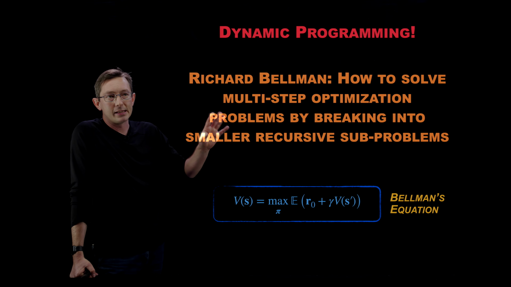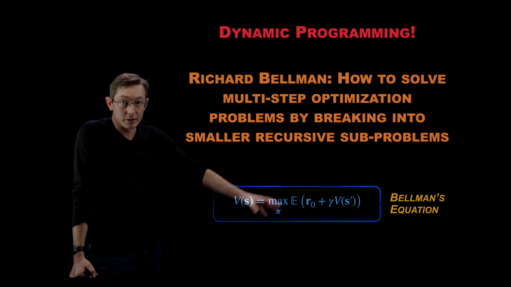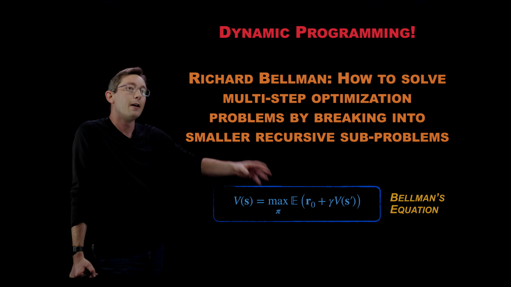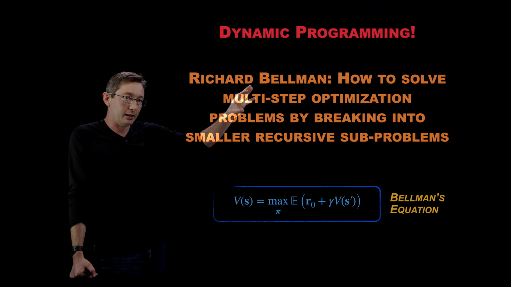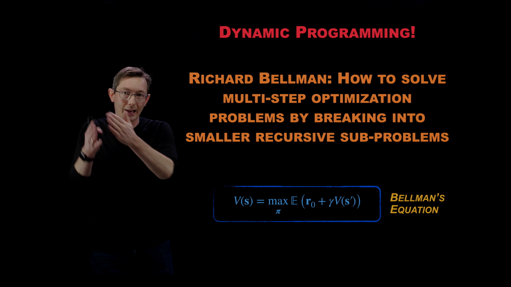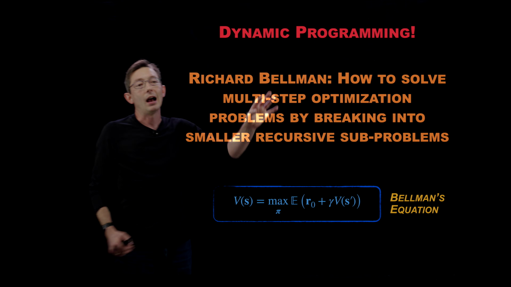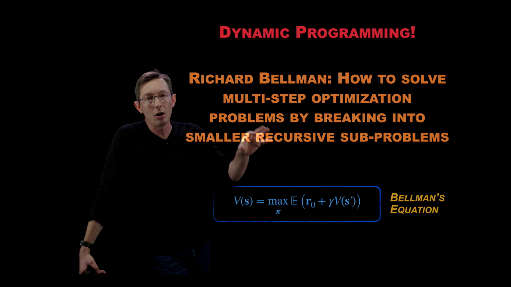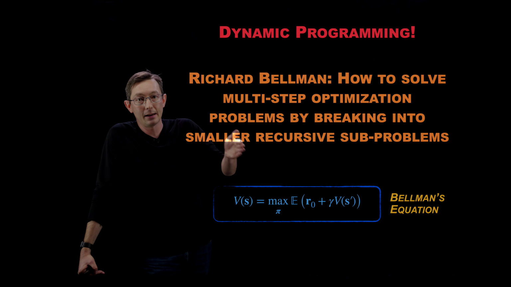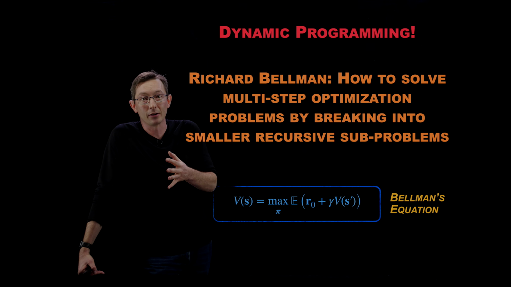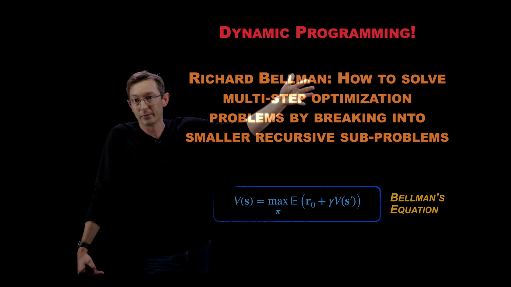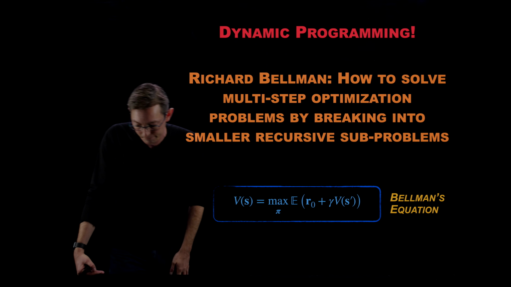What Richard Bellman said is essentially, given systems with recursive subproblems like this, you can break up this multi-step optimization problem, like how do I make a sequence of chess moves to win a game, into a number of smaller subproblems, where if I optimize over those subproblems and then put them all together, I still have an optimal action policy.